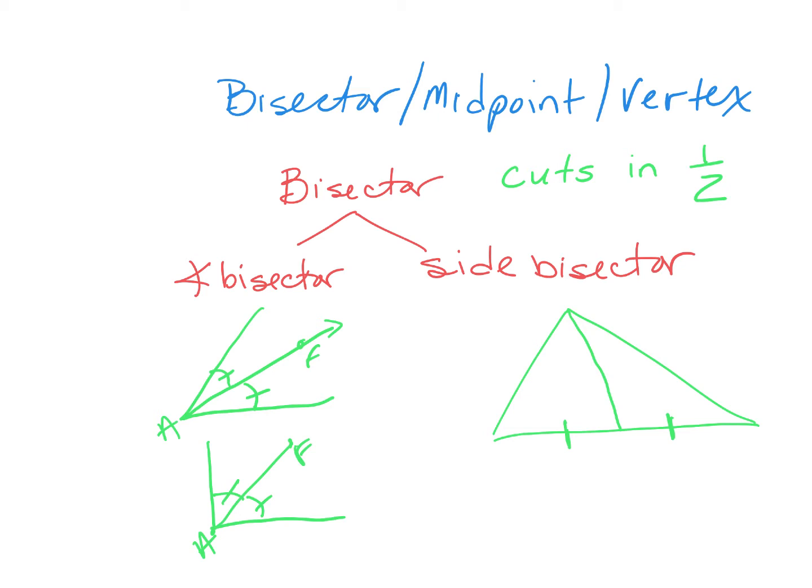If it's a segment bisector, or it bisects a side, we can conclude here that AB and BC are congruent, therefore DB is a bisector, or bisects that side.